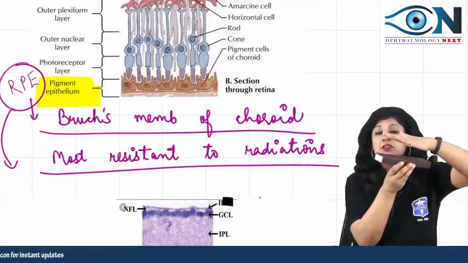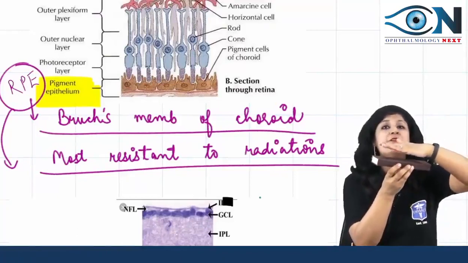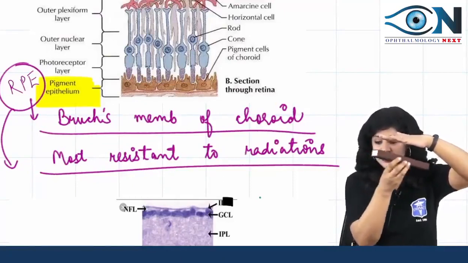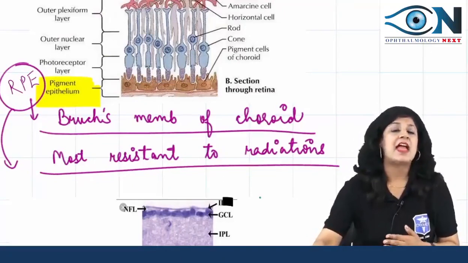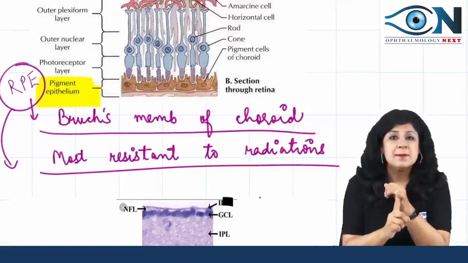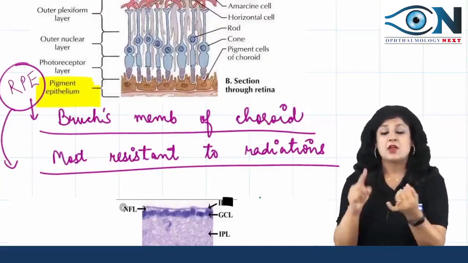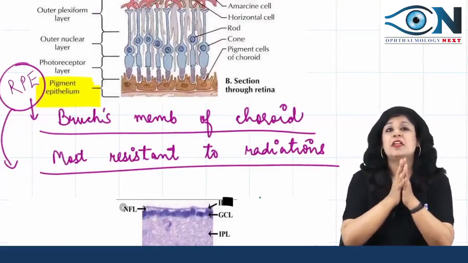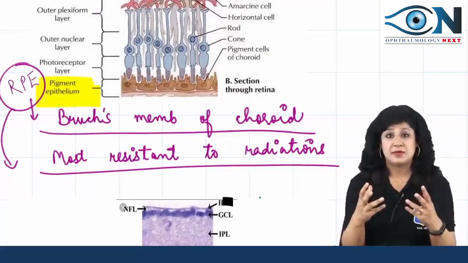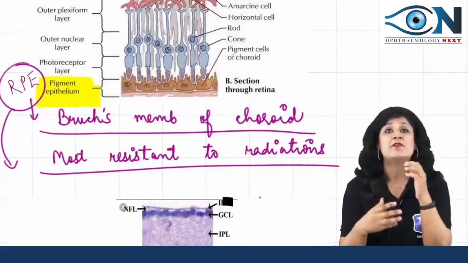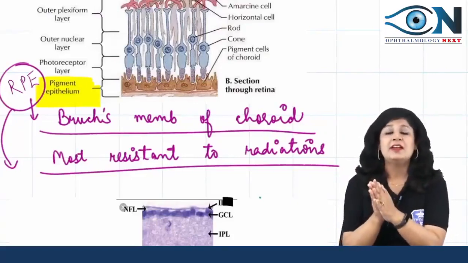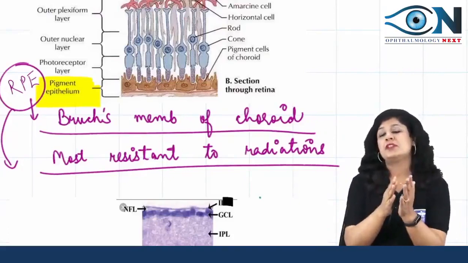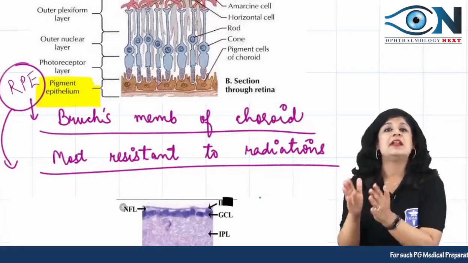Normally we also have a space between the RPE layer and the neurosensory retina, and this space is called the subretinal space. As you know, in our body, whenever we have a space, we have a fluid, so this space also contains a fluid, and that fluid is called subretinal fluid.